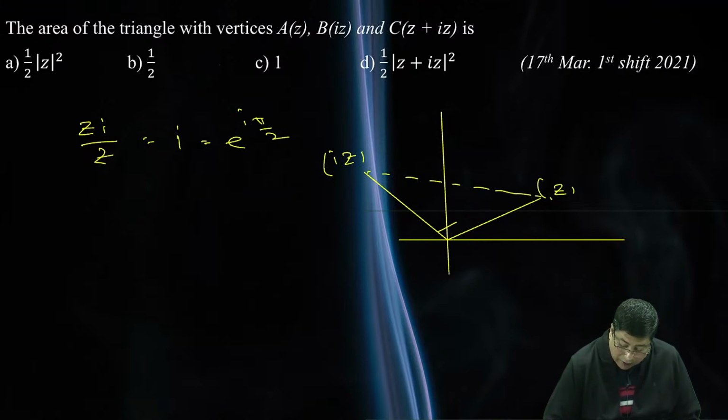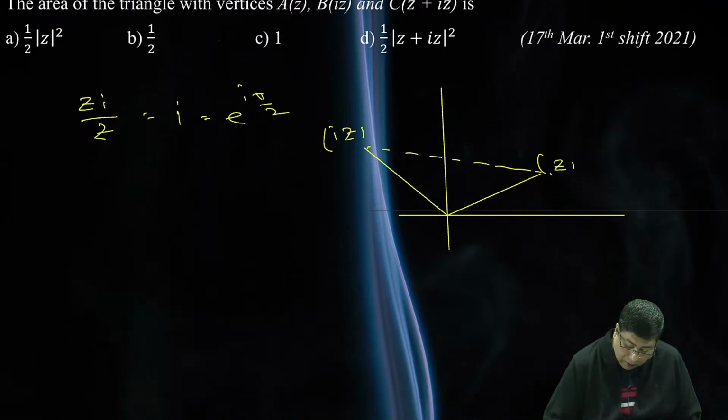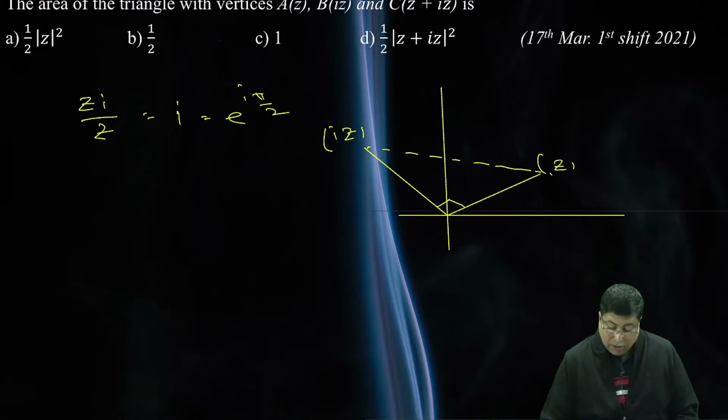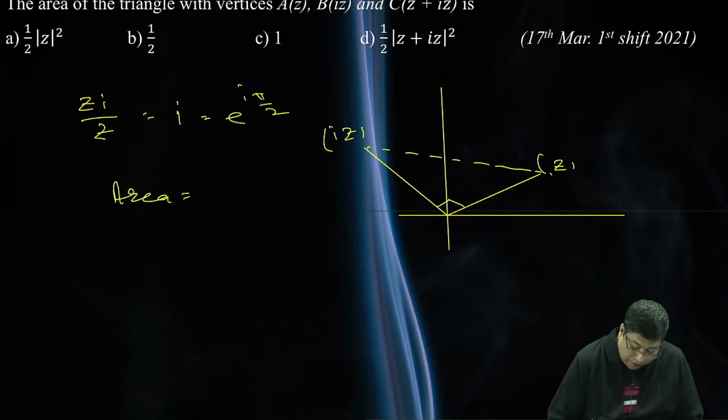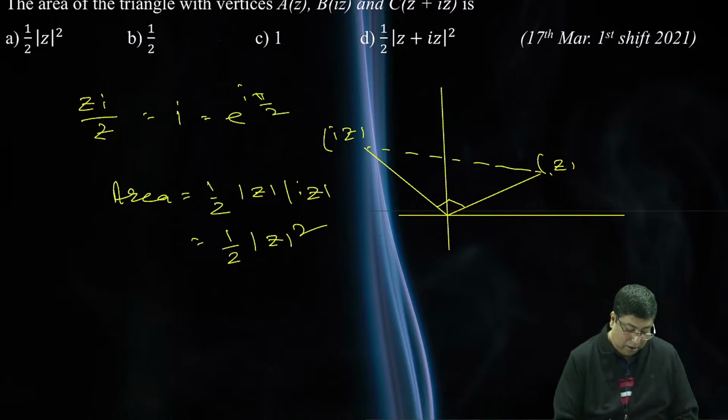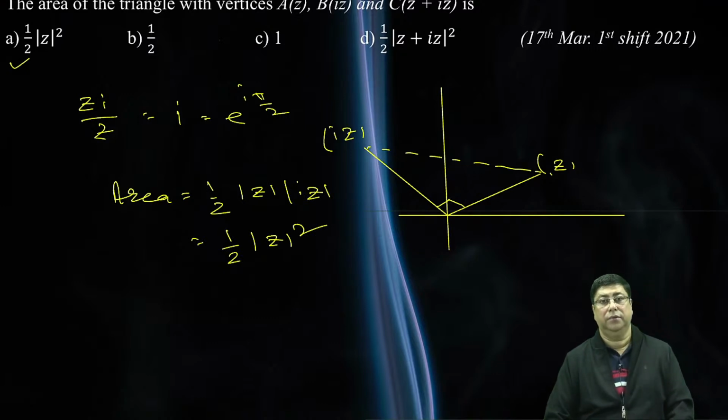Therefore, this angle is the 90 degree. So for any triangle, and this is a repeated sum of the JEE, area is half base into altitude, so half Z into Iz, that is half Z square. So first option is the answer here.